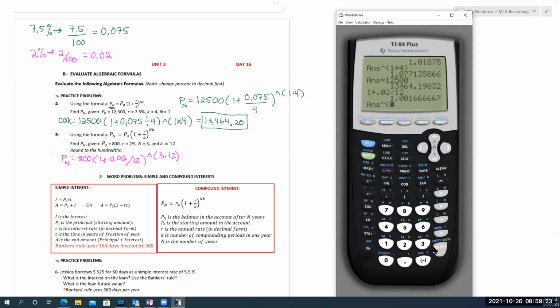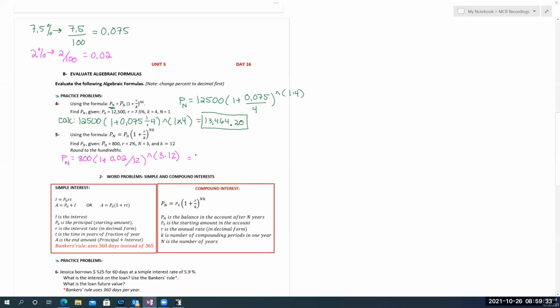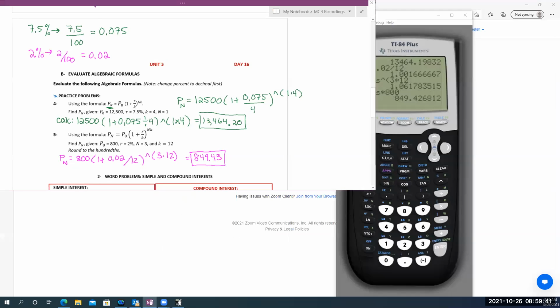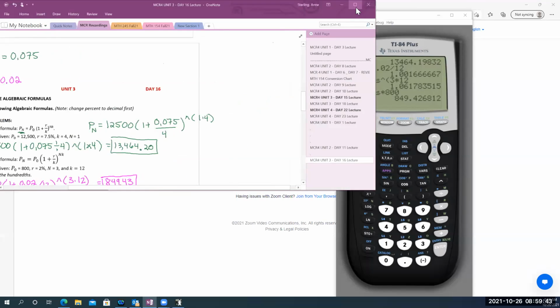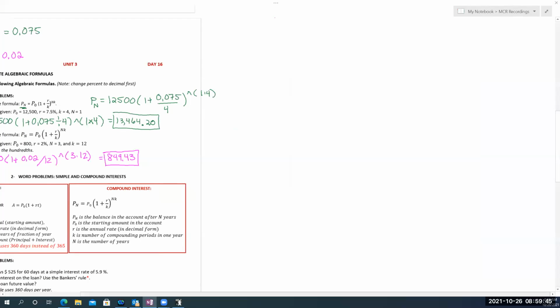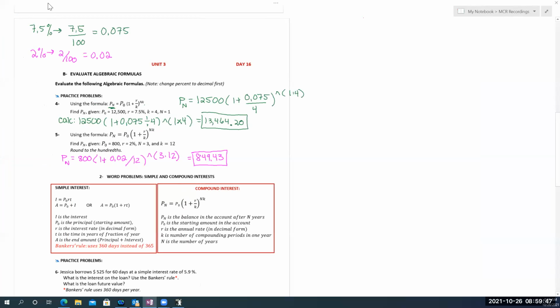Oh, and that needs to have parentheses. Enter, then multiplication. Oh, did it again. All right, then continuing on.